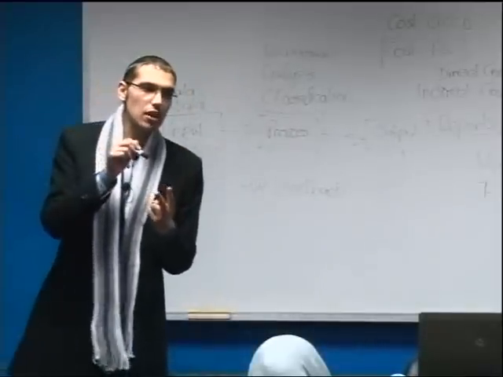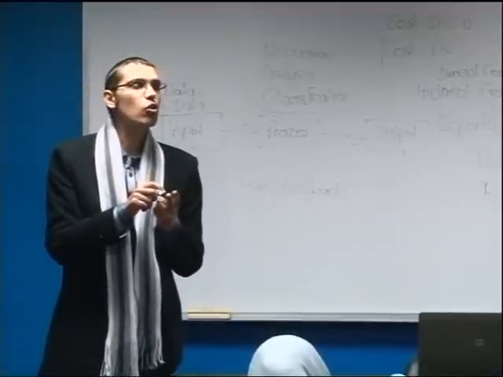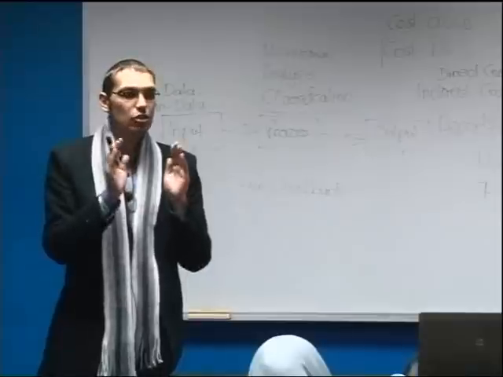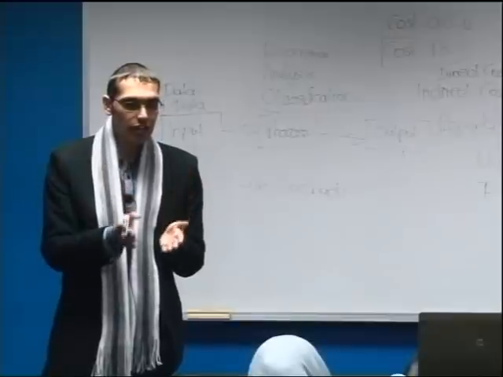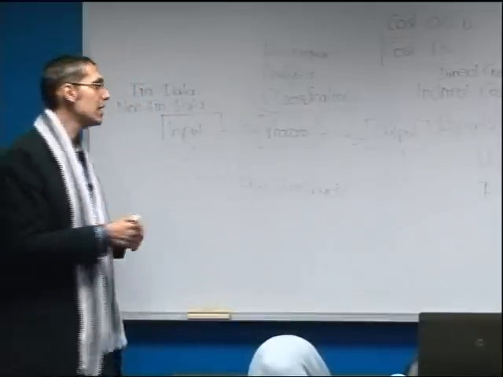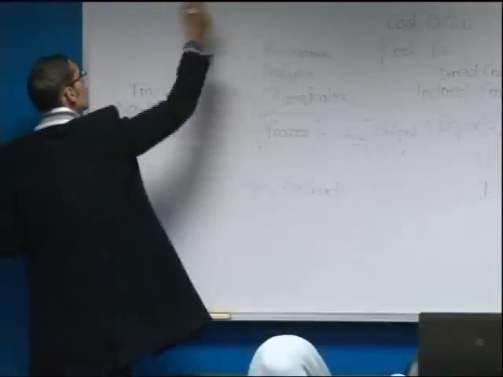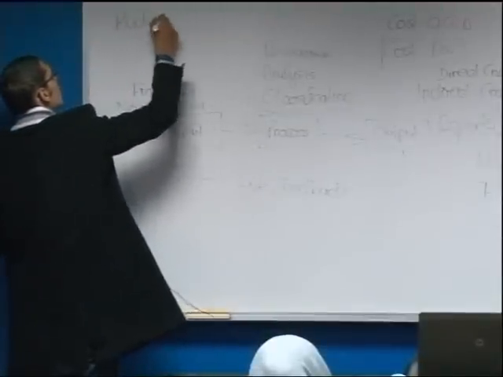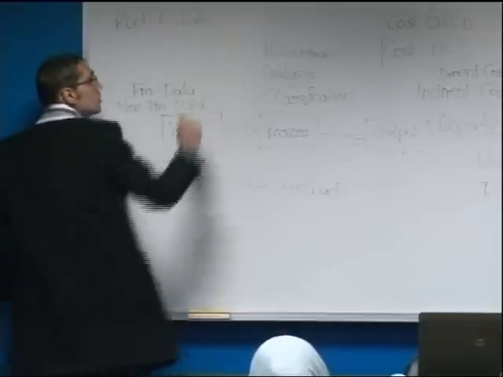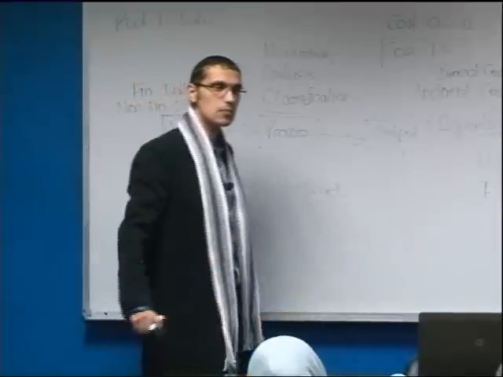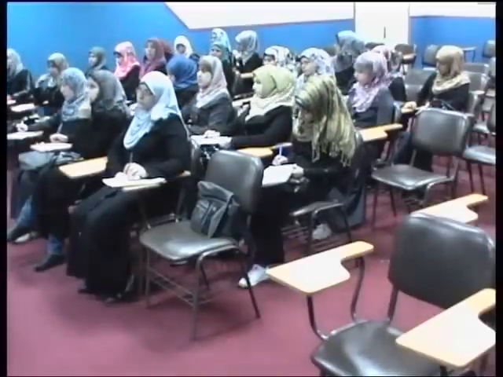Of course, if I know the allocation base and if I know the cost pool, we can allocate by calculating something called the predetermined or the budgeted allocation rate. How can we calculate the budgeted allocation rate? Who can recall how we calculate this rate? Budgeted allocation rate equals budgeted cost pool divided by the allocation base. Excellent.